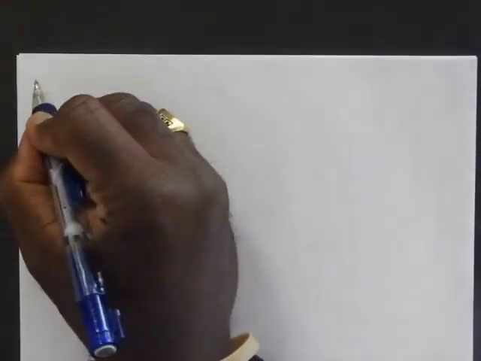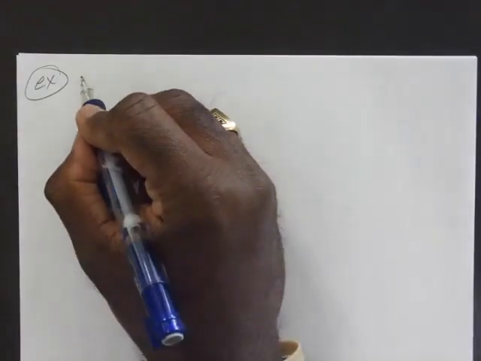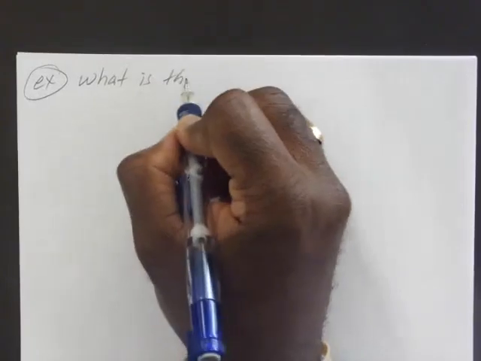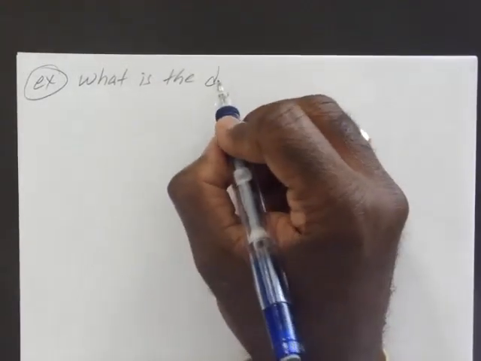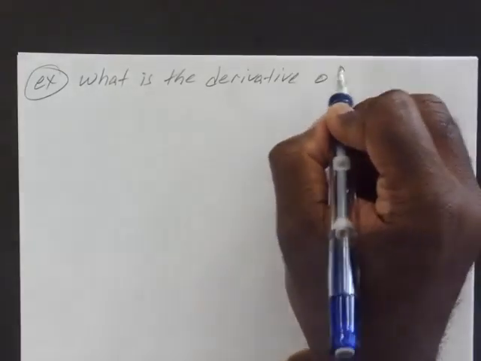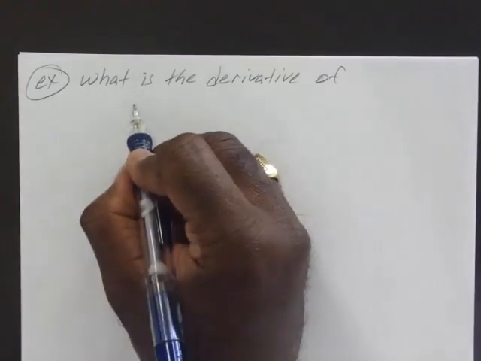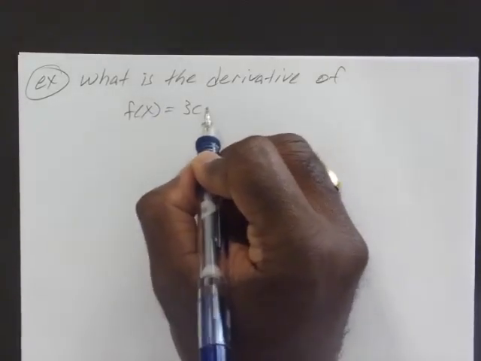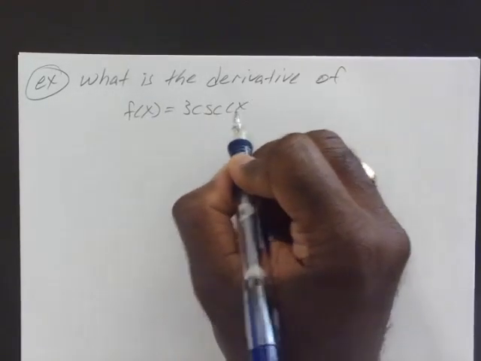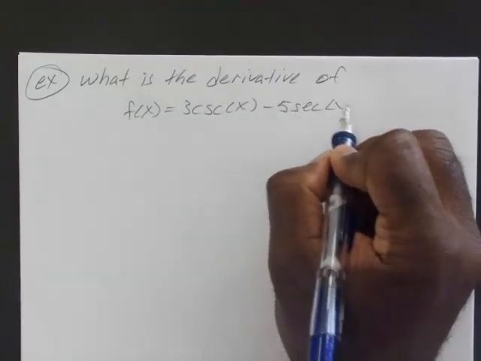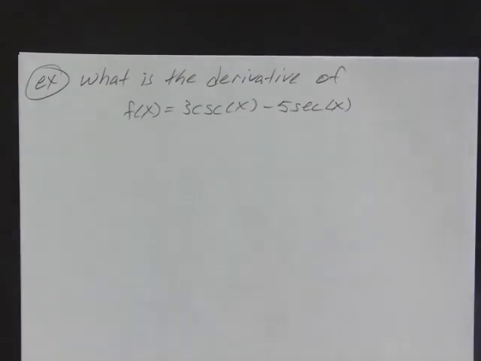Okay, so let's say, for example, we wanted to find out what is the derivative of f of x is equal to 3 times cosecant of x minus 5 times secant of x.